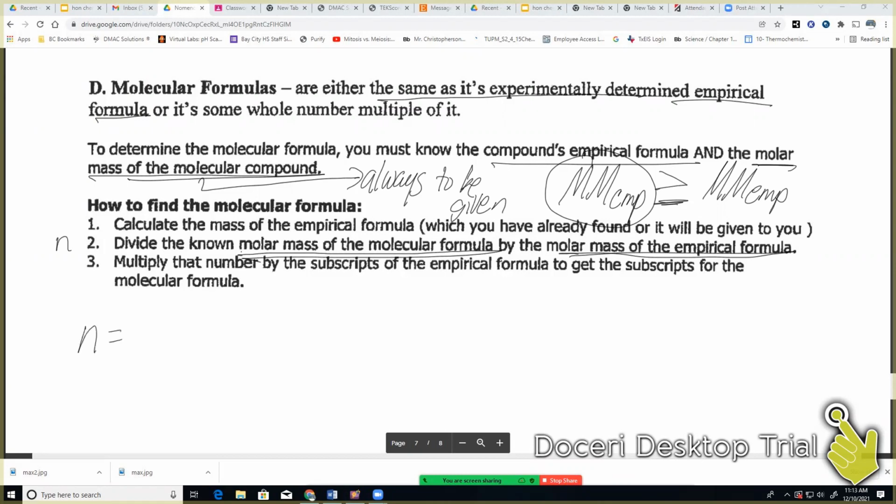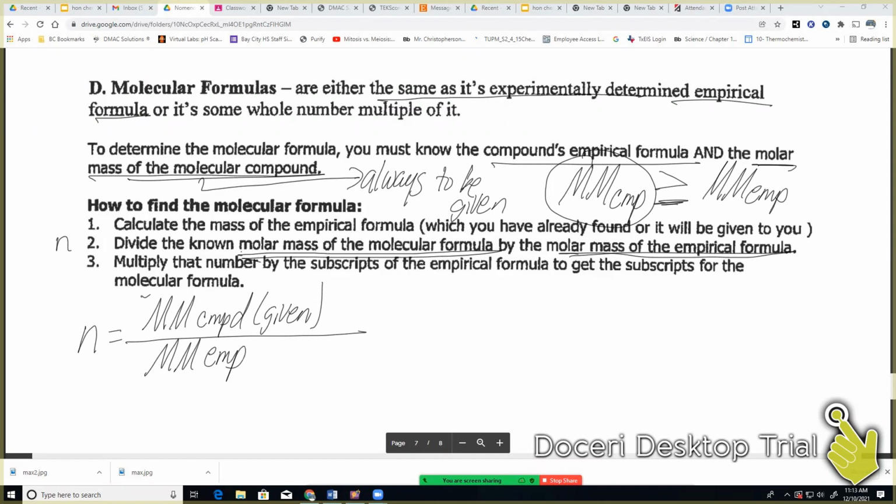So to get my n, I'm going to take the molar mass of my compound, and that has to be given to you in the problem, and divided by the molar mass of the empirical. Remember, your top number is either the largest number or they could possibly be equal to each other, but your smaller number should never go on top.